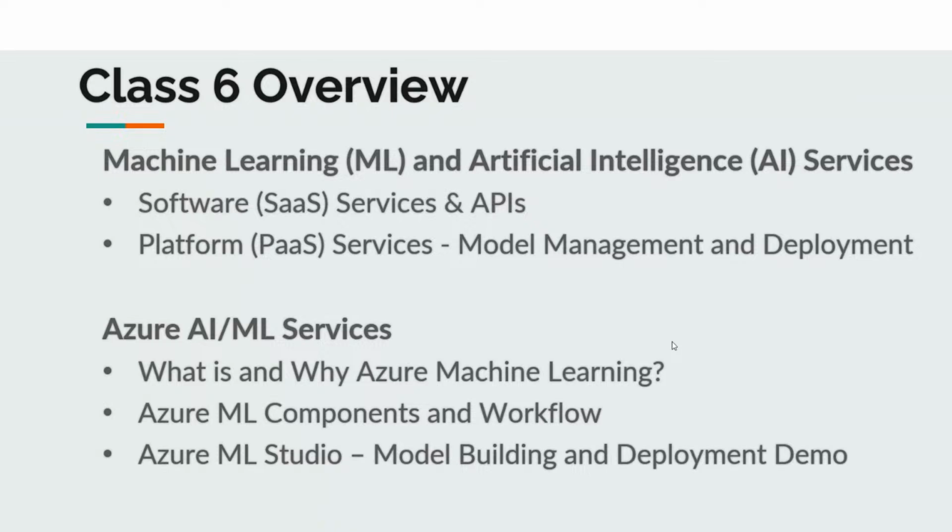So class 6, machine learning and AI services, software as a service and APIs. So software as a service, I'll define it here in a minute, but it's really having software that's available to you from or provided by other companies through an interface or other REST APIs for you to use in your own applications, or whether it's creating machine learning models or getting data, or using somebody else's model.